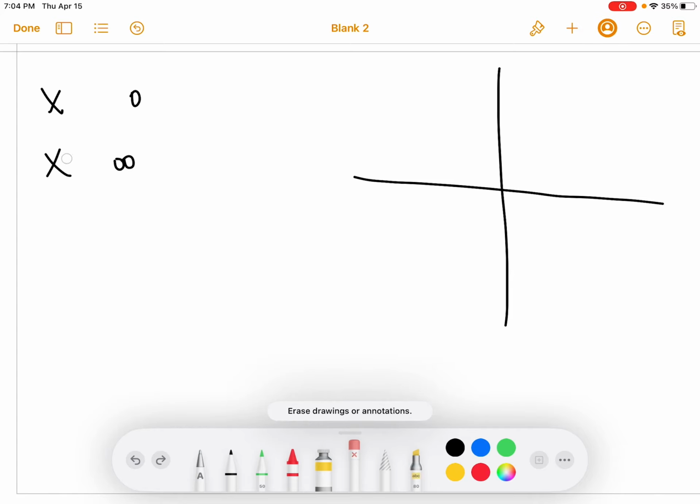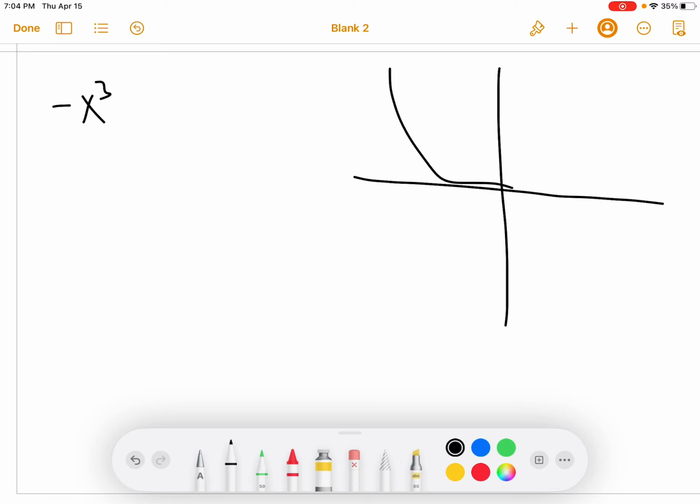So let's just take the function negative x cubed. Okay, so it would look something like this and about like that. And as we see that as x goes to negative infinity or to the left, y goes up. It's opposite. That's because it's negative.